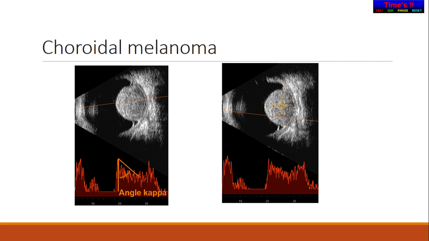So angle kappa, acoustic hollowing, and a solid tumor with a high surface reflectivity with a mild to moderate internal reflectivity is diagnostic of choroidal melanoma with the choroidal excavation. You can see the choroid here well, but it is obliterated due to the mass lesion.